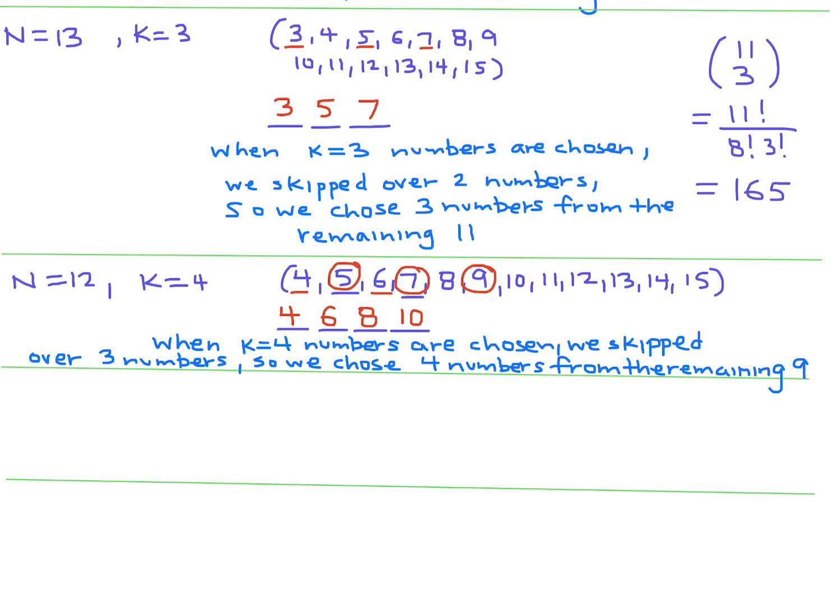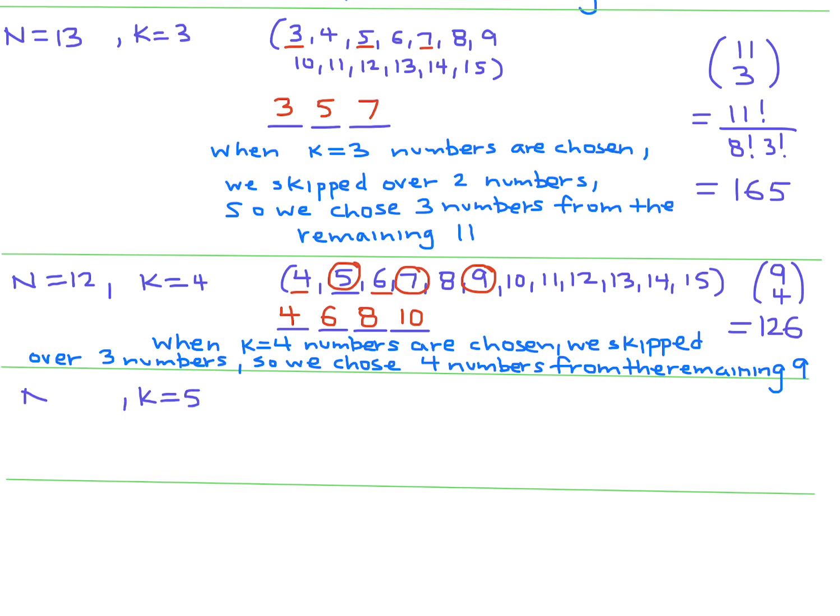It was the 5, the 7, and the 9 that we skipped over. So essentially we chose 4 numbers from the remaining 9 numbers. And those 9 numbers are, of course, 4, 6, 8, 10, 11, 12, 13, 14, 15. And therefore, mathematically, that is from 9, choose 4. And I'll just give you the numerical value. It's 126.